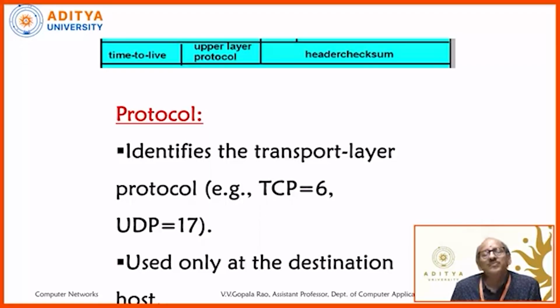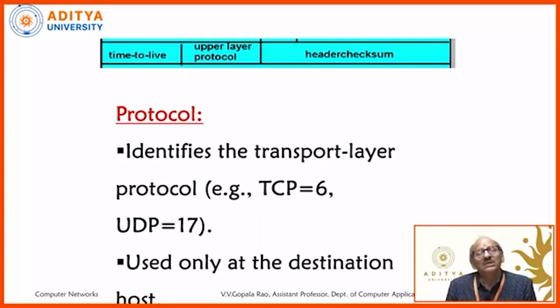If it is 6, it says TCP protocol. If it is 17, it says UDP protocol. Like this, the information can be related to the upper layers. The protocol field tells you which upper layer protocol is going to be used.